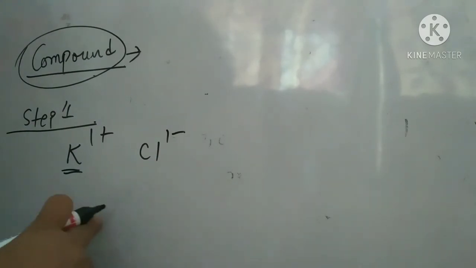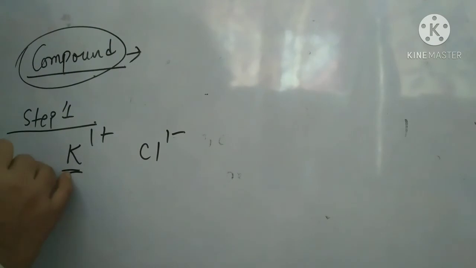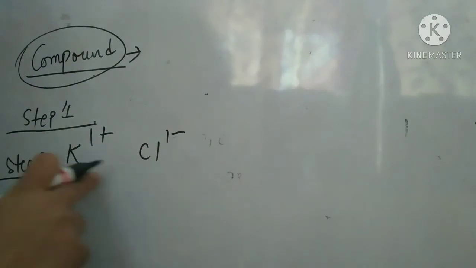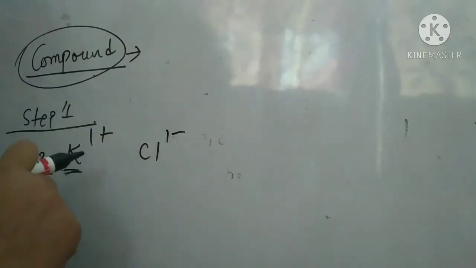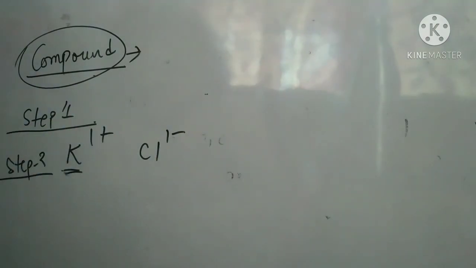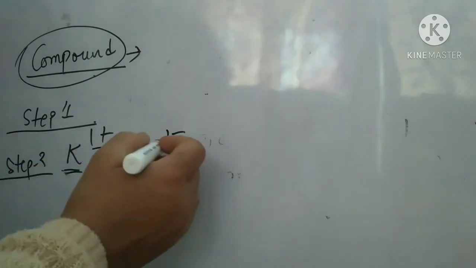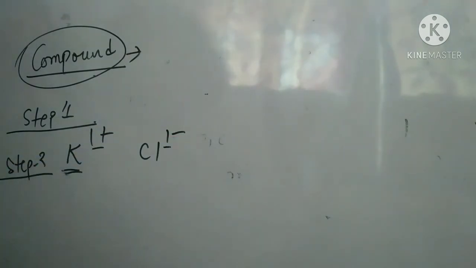So now in the step 2 we have to write down the valency number on the symbol of each atom or radical on its top right. So here we can see the valency of potassium as 1 plus and chloride as 1 minus. Now step 3.